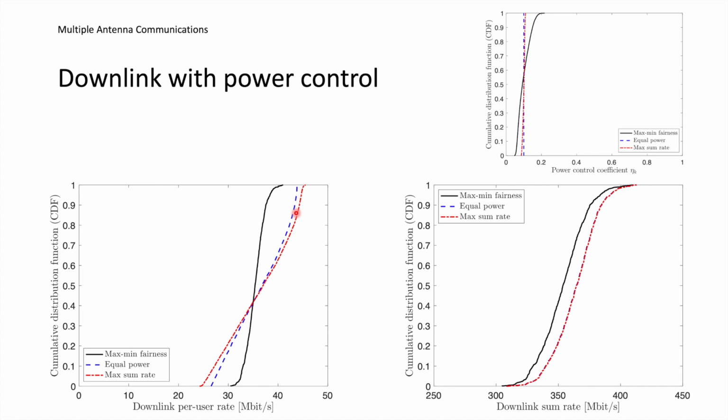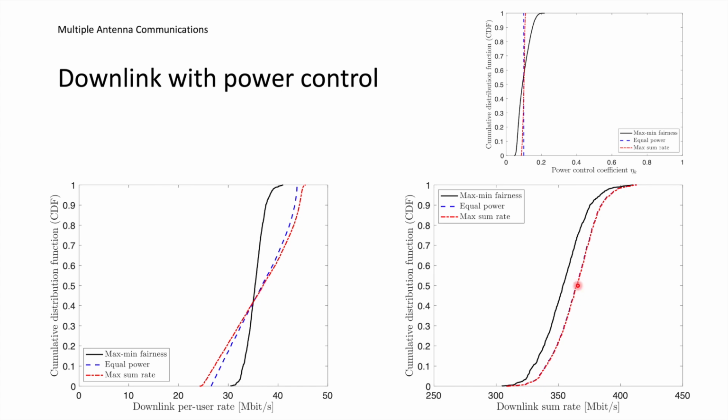And in particular, if we are now considering the downlink sum rate that we get in different drops of users, here is the randomness that we are considering, different drops of users. We see that the maximum sum rate and the equal power allocation curves are very close together. Of course, maximum sum rate is always slightly better, but the difference is not that large.